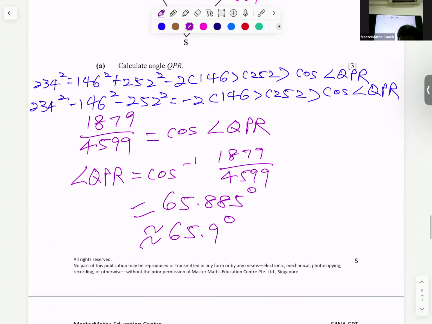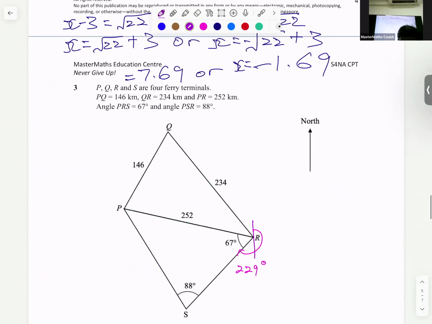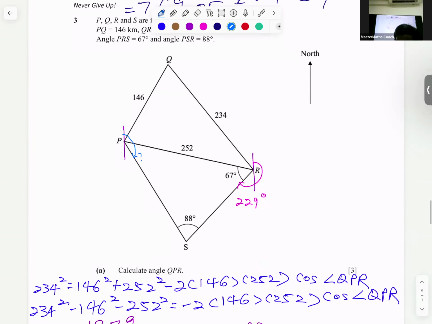Okay, we are asked to calculate the bearing of S from P. So we draw this, and we are supposed to find this angle. How much is this? Okay, friends.